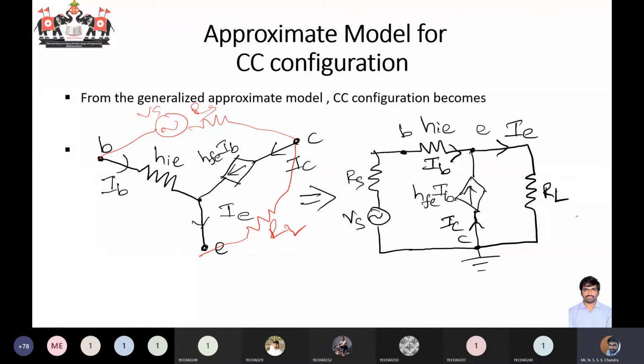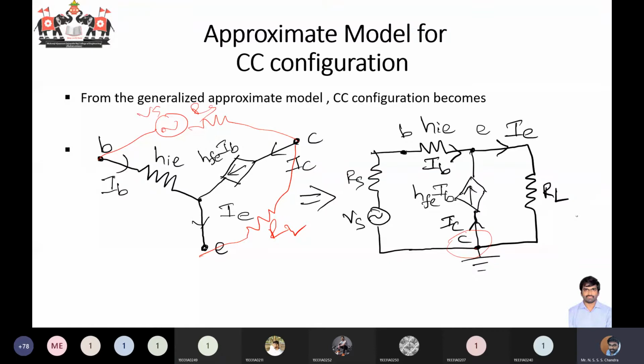Okay, same thing is happening. So this diagram represents the same thing. You have a collector terminal common and it is grounded. Between your collector terminal and base terminal you have your Vs and Rs. Okay, and also between your collector and base terminal you also have two more elements.